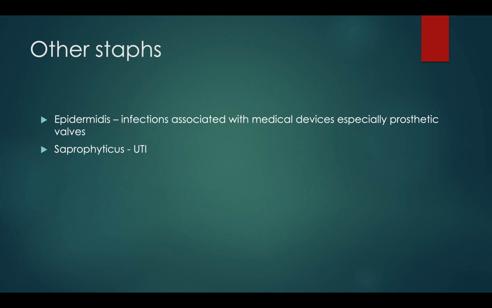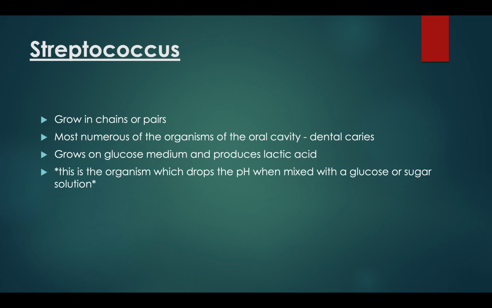Then we have Staphylococcus saprophyticus, which produces urinary tract infections. These two staphs are coagulase negative. The coagulase test is used to differentiate between different types of staphs, and the catalase test is used to differentiate whether the organism is Staphylococcus or Streptococcus, because Streptococcus is catalase negative and Staphylococcus is catalase positive.